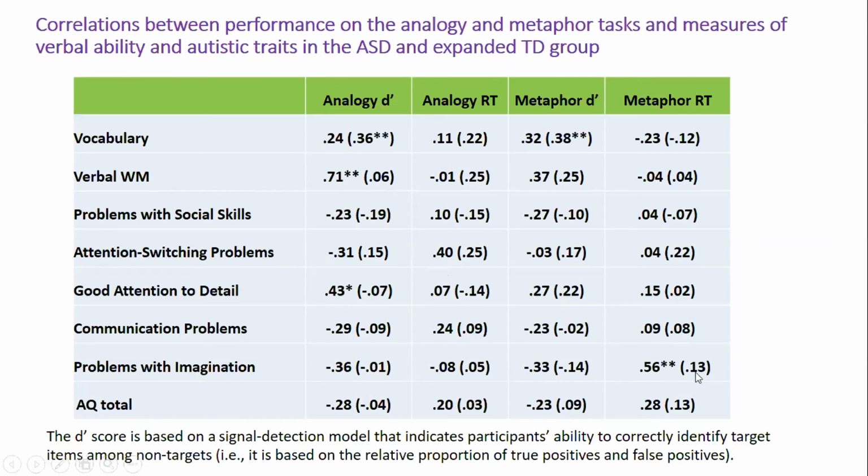Also there was a correlation between problems with imagination and reaction times on the metaphor task in the autistic group. Those autistic people who had more problems with imagination skills were slower in processing the metaphors. You can see similar correlations with accuracy, both on the analogy and the metaphor task, but these were, again, not significant.